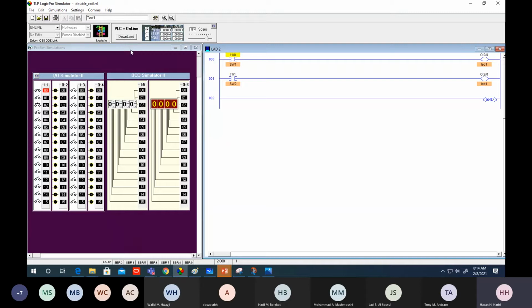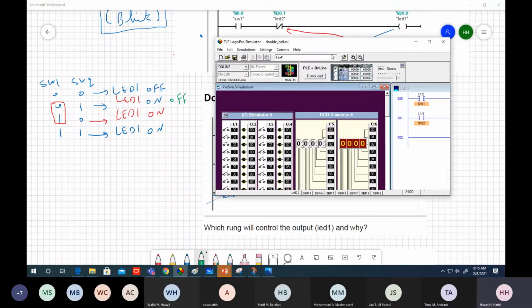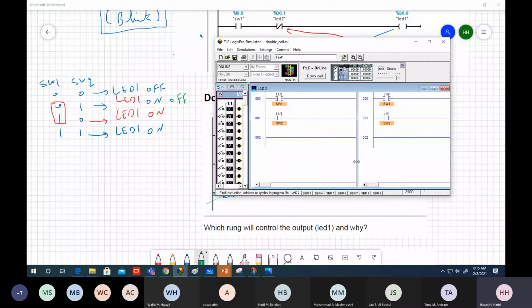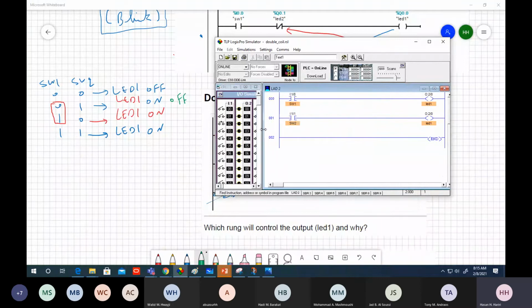So I have two switches. It seems my switch 1 was on. So I have two switches and the same LED, LED 1, which is this light. Are you able to see my screen? Maybe if you wish, I can minimize it a bit, so we can see both here and there.